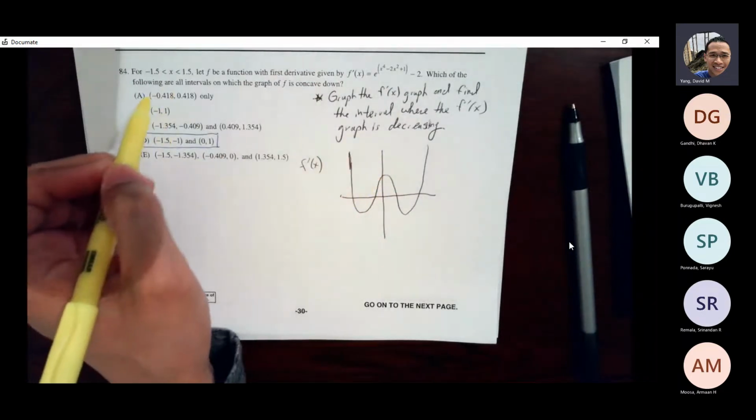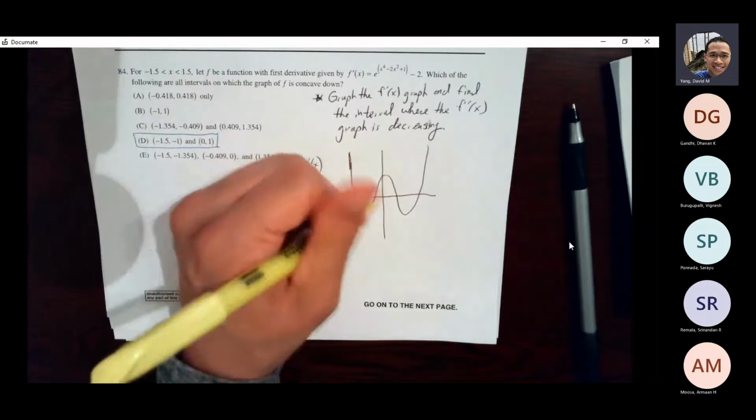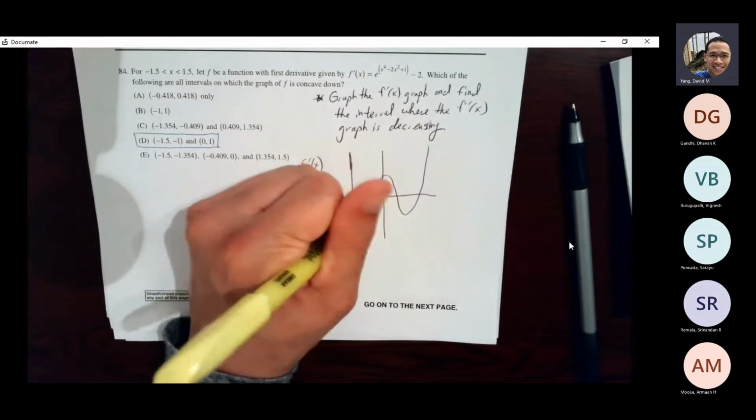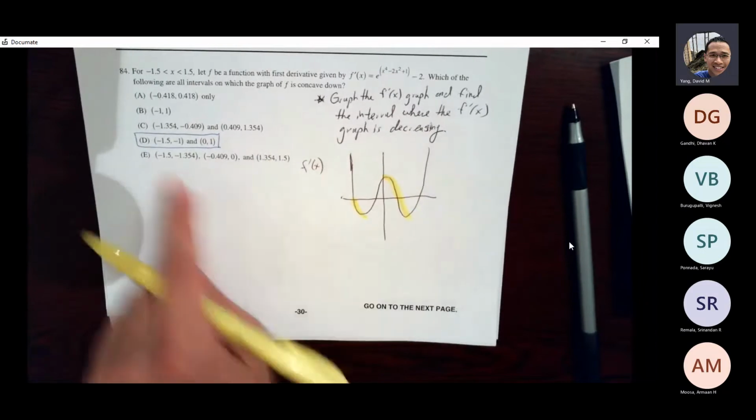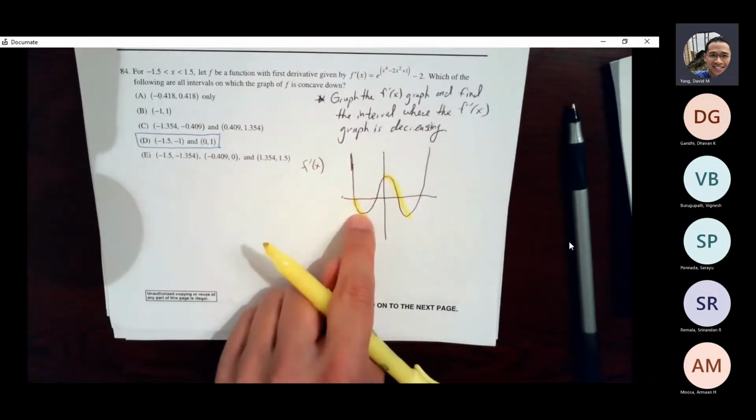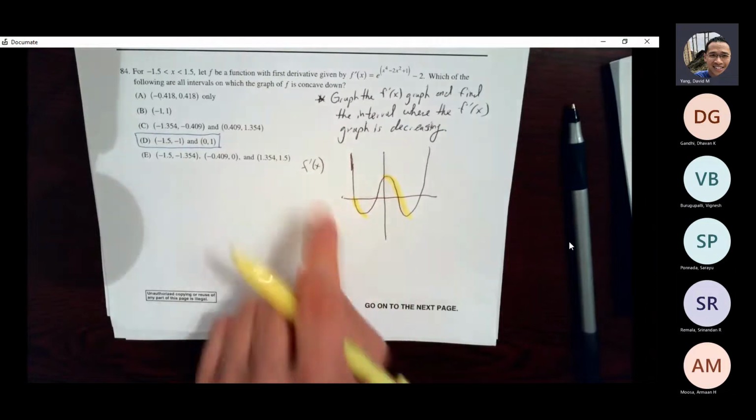I'm only going from negative 1.5 to 1.5. So wherever my graph is decreasing, this interval here and also this interval here. So from negative 1.5 to negative 1, and then from 0 to 1.